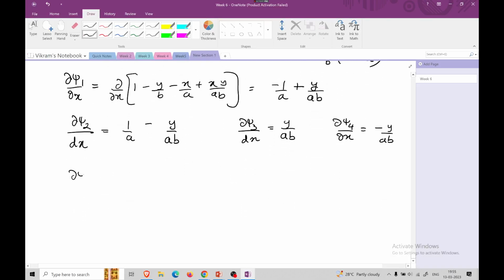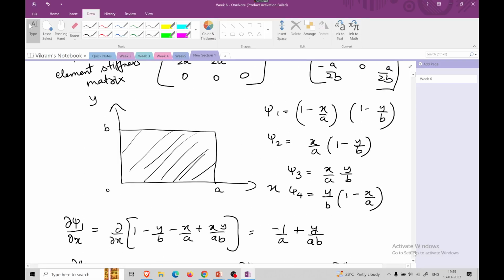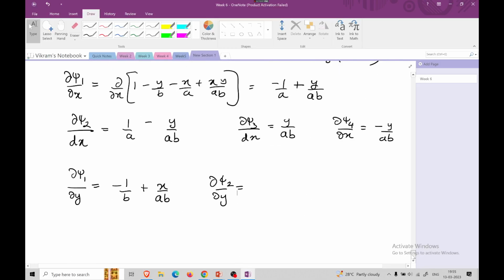Then again, dou psi 1 by dou y is equal to minus 1 by b plus x by ab. Dou psi 2 by dou y is equal to minus x by ab.